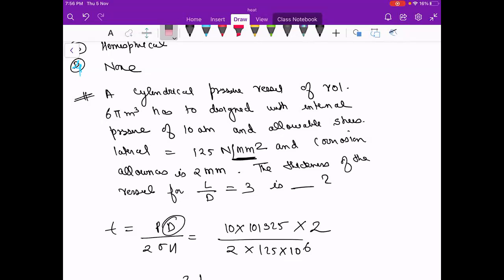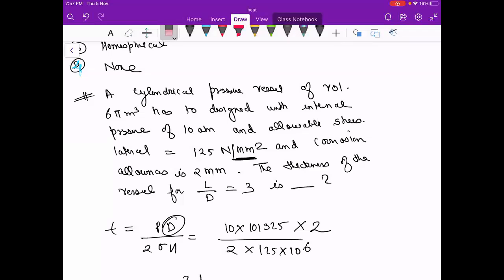Whether I take diameter or radius, there is not a big deal in that.